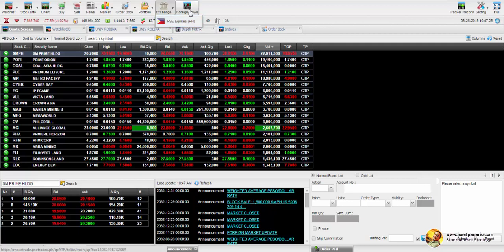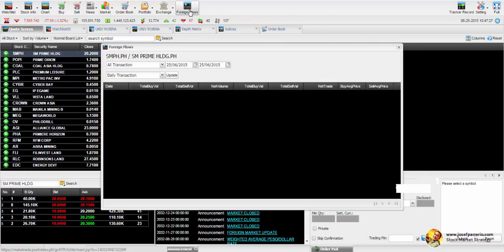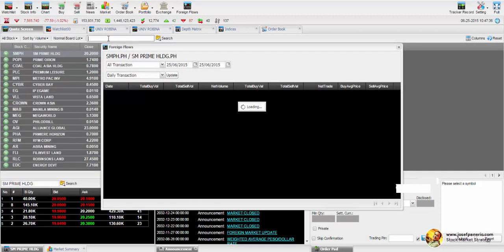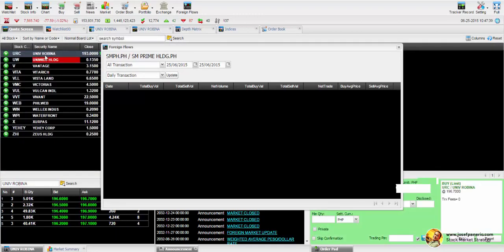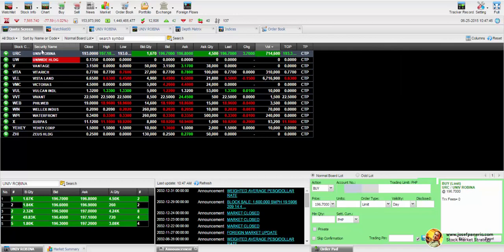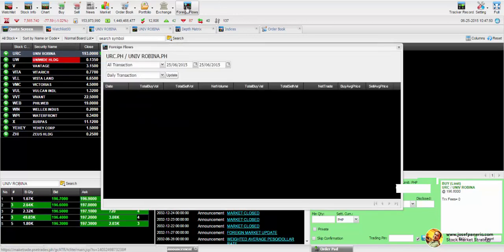And this is the most interesting part that I wanted to share with you. So for example, let's pick URC. Since URC is our example a while ago, let's pick it. So URC, we already picked it, then click the foreign flows. Make sure that what is displayed here is what you wanted to be displayed.